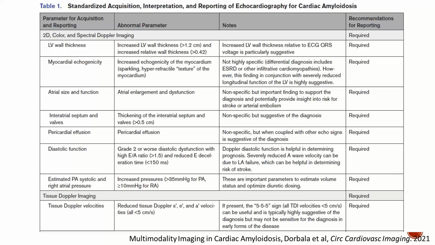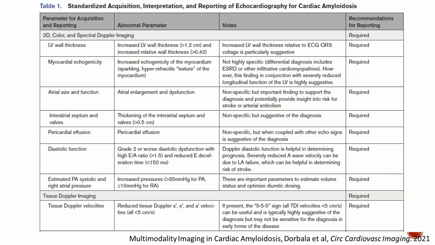You have to do a full diastolic function analysis, with grade 2 or worse diastolic function, a high E/e' ratio of more than 1.5, and a reduced E deceleration time of less than 150. This is really helpful in determining even the prognosis of these patients.